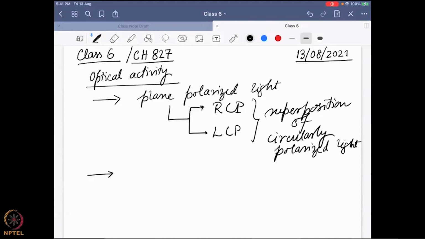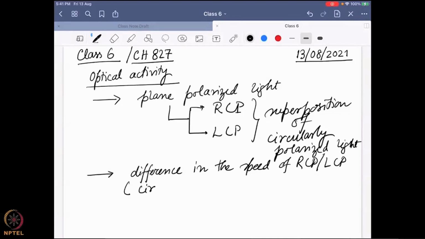One is a difference in the speed of this RCP and LCP, which we call circular birefringence, and this ends up being observed as optical rotation.